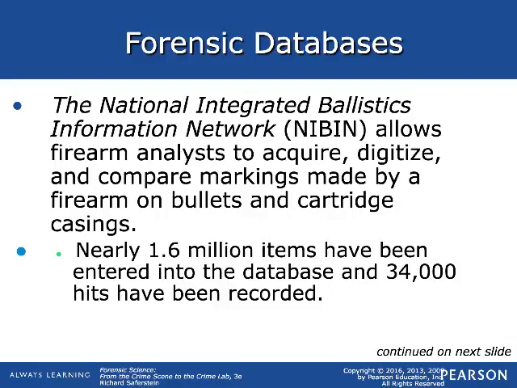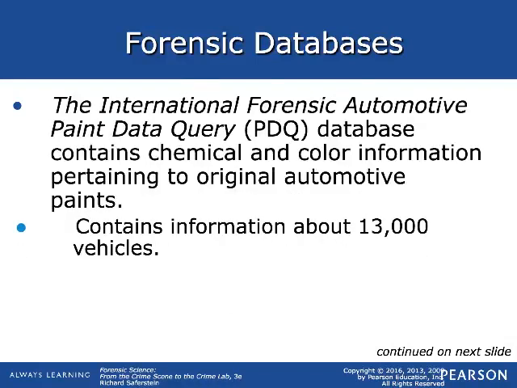That's pretty cool. Okay, and then there's an automotive paint data query. Internationally, it contains chemical and color information pertaining to original automotive paints. It's got about 13,000 vehicle types in it.